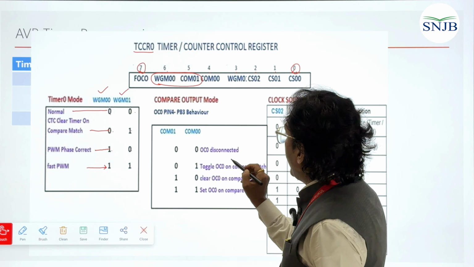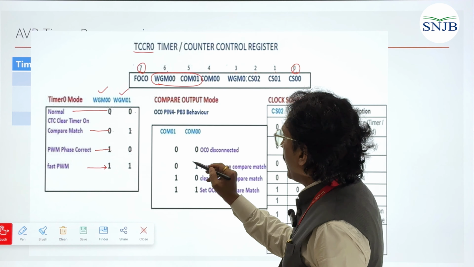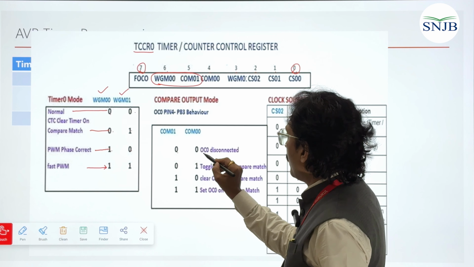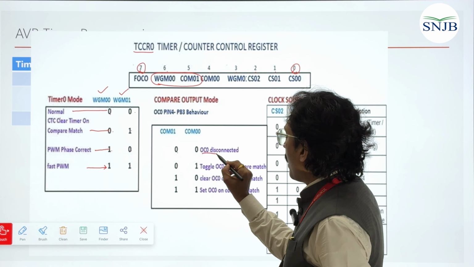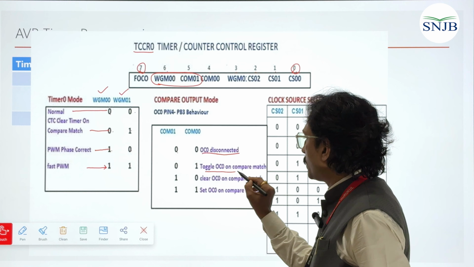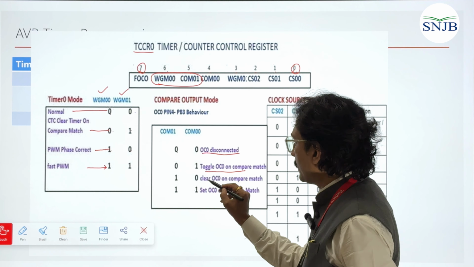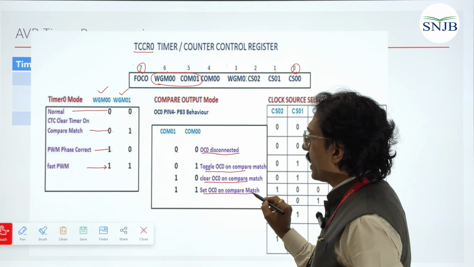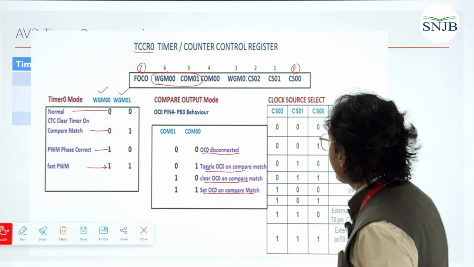Similarly, the compare output mode bits depict 0 0, 0 1, 1 0 and 1 1, where output compare is disconnected, toggle OC0 on compare match, clear OC0 on compare match, and set OC0 on compare match.